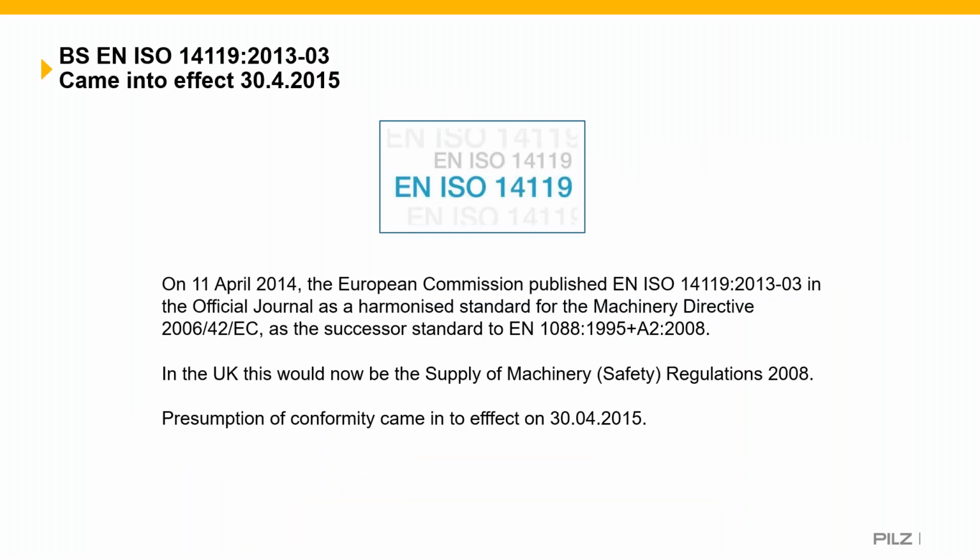Presumptive conformity to the Machinery Directive came into effect on the 30th of April 2015, and in the UK this would now be the Supply of Machinery (Safety) Regulations 2008. This standard is relevant to anyone that manufactures or uses interlocking devices, so OEMs such as Pilz, OEMs of machines and end users.